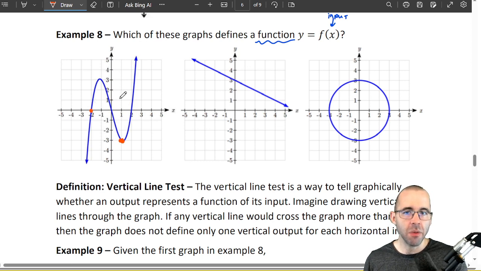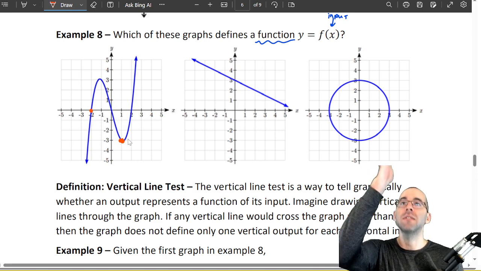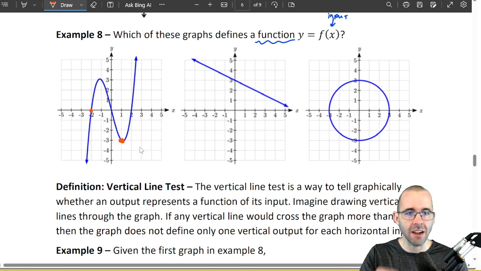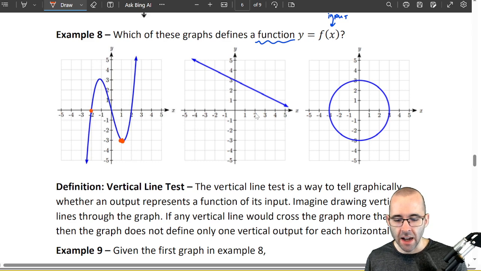And we can do this for all the points. For every single point, you search up and down and say, okay, well, where are all the places on this graph with that input? And there's only going to be one. Same with the second function. At any x-coordinate, pick any x-coordinate you want. You look up and down at that x-coordinate, you're only going to have one possible y-coordinate. It only crosses the graph once.